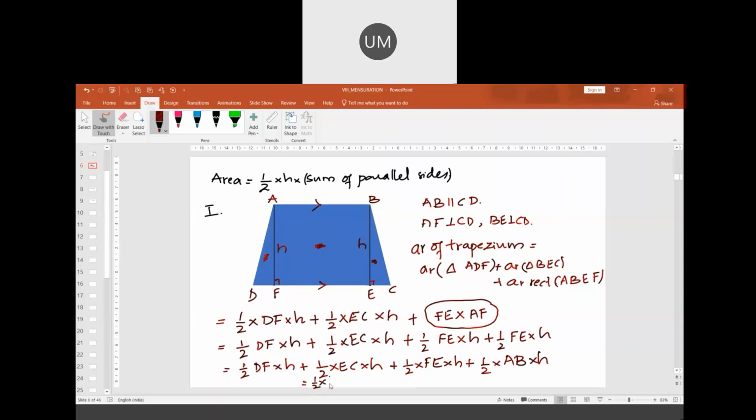So half into H, when you take it out, I'll be getting the sum of DF plus FE plus EC, which is nothing but DC, plus this AB. So it is same as half into height into sum of parallel sides. Is there any doubt in this?